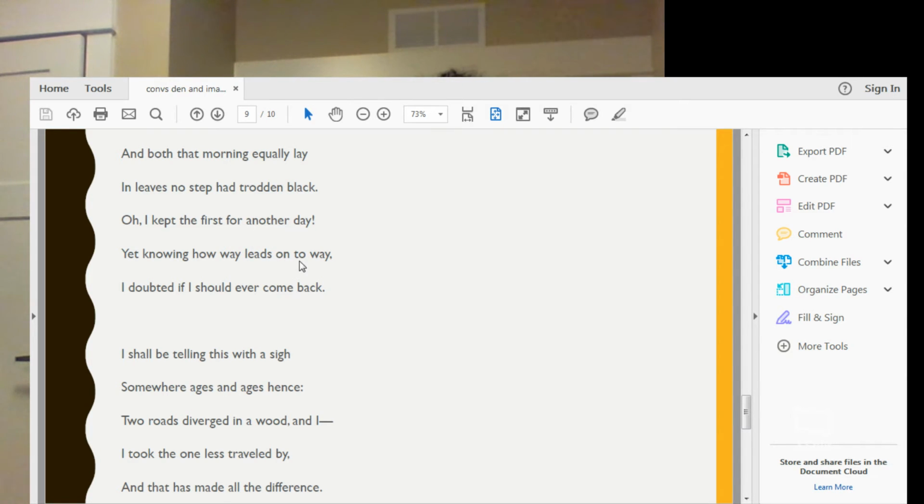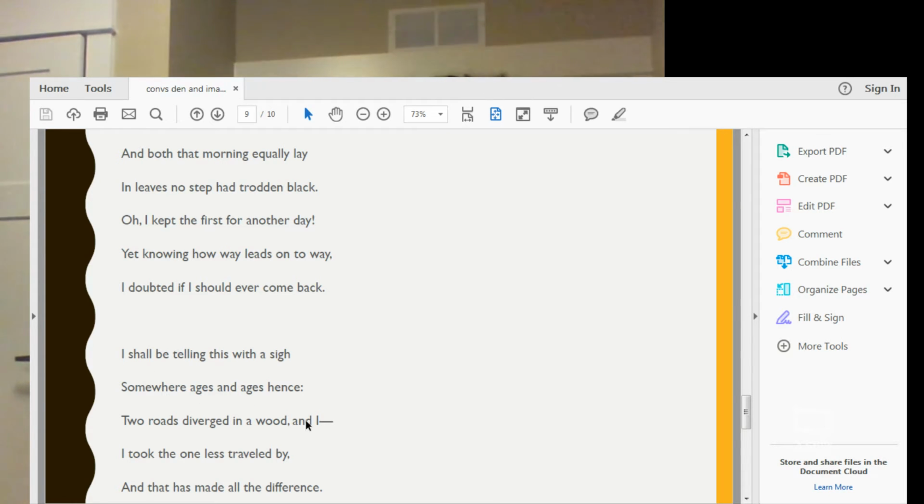Yet knowing how way leads on to way, so he's again just talking about the different roads leading on to each other. If I doubted I should ever come back. Okay, this guy is literally thinking, I don't know if I should come back, or what should I do? I should be telling this with a sigh, somewhere ages and ages hence. So now, ages and ages hence is giving us another sense of time, another sense of imagery, that time will pass.